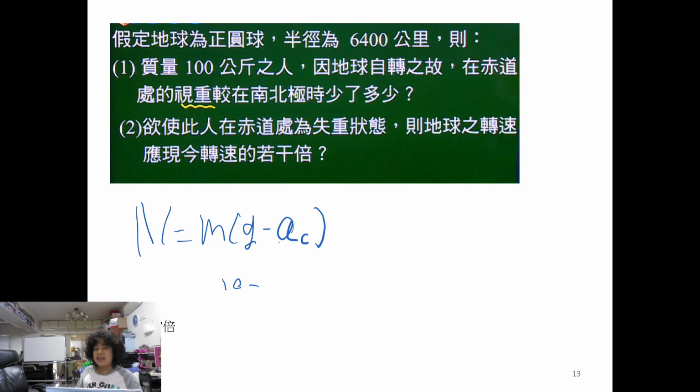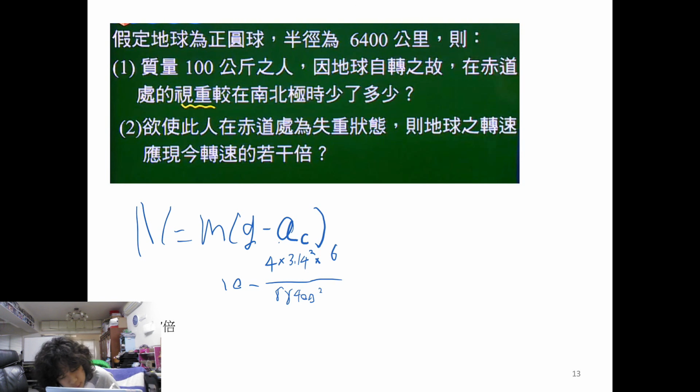So how do you calculate the AC? Very simple, because AC equals 4 pi squared R divided by T squared, and T is 24 hours in seconds, squared, and then 4 times 3.14 squared times R. What is the R? Of course, the R is 6400 kilometers.